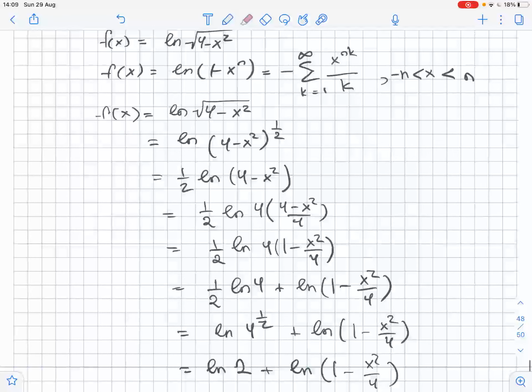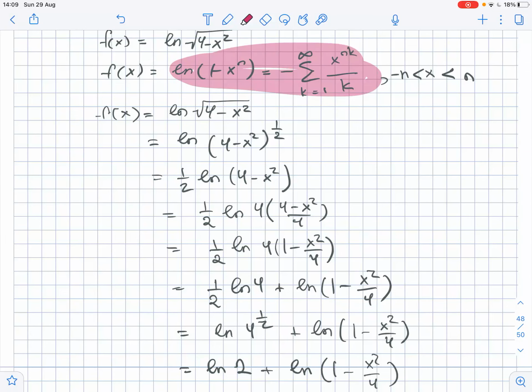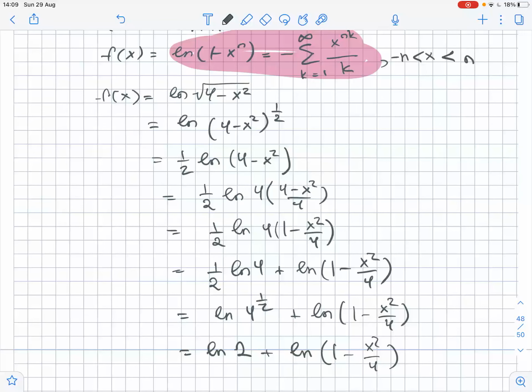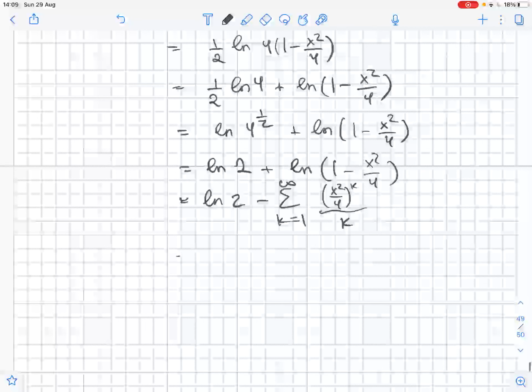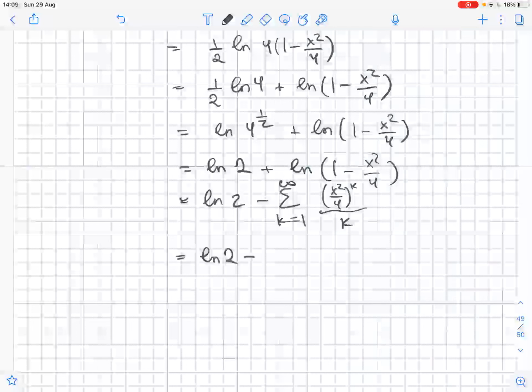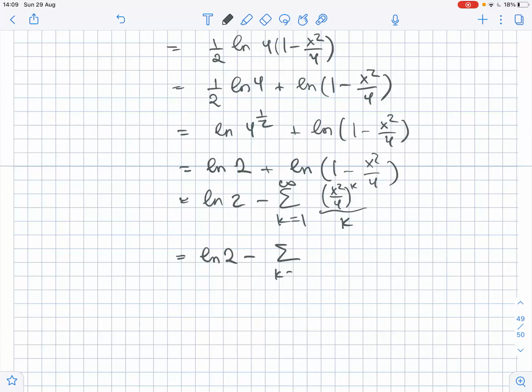Well, now in order to find ln of 1 minus x squared over 4, we will use this formula here. Instead of x, we use x over 2, and instead of n, we have 2. So we get that this equals ln of 2 minus the sum from k equals 1 to infinity of (x squared over 4) to the power of k over k.